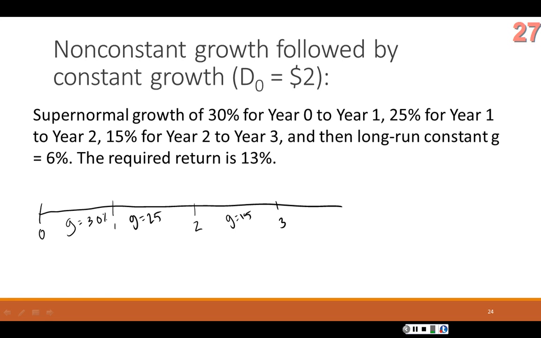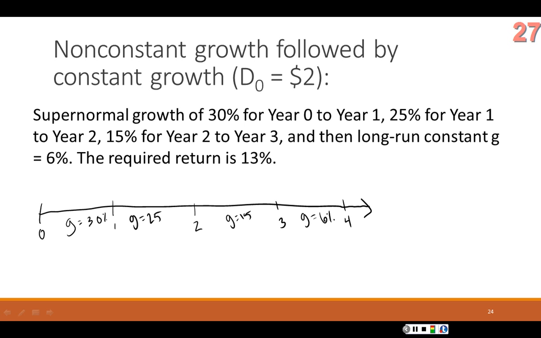And after time period 3, we anticipate the growth rate to be a constant 6%. So we anticipate dividends to continue into the future. But for calculation purposes, we need to calculate the next dividend payable, so the next dividend at time period 4. After time period 3, remember, the growth rate becomes a constant 6%. So we can calculate dividend values at each of these different time periods.